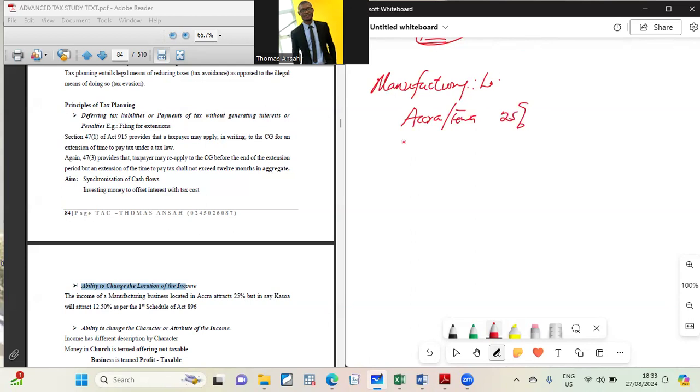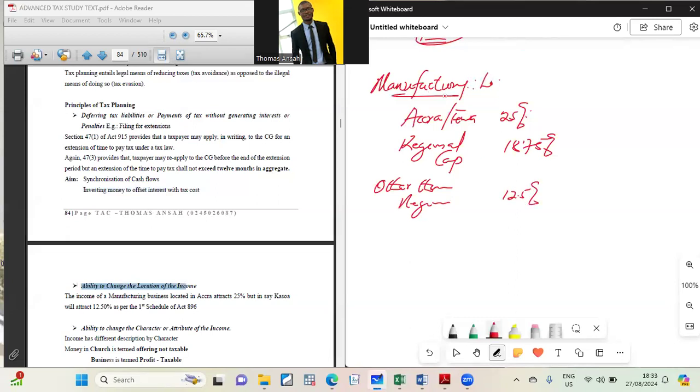If you are located in any other regional capital apart from Accra and Tema, you'll be paying 18.75%. That means you have gotten a rebate on it. But if you are in any place other than a regional capital, then what you'll be paying is 12.5%.